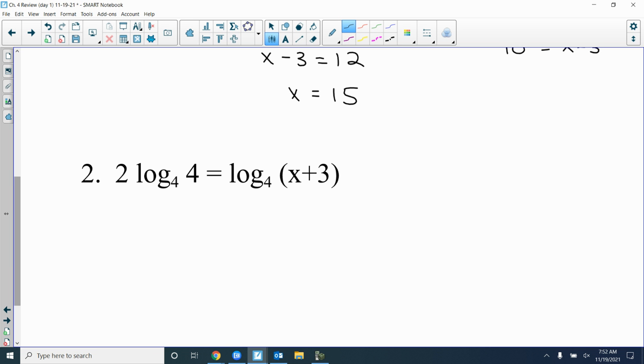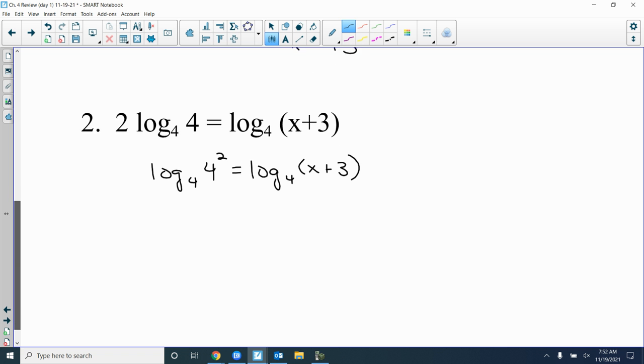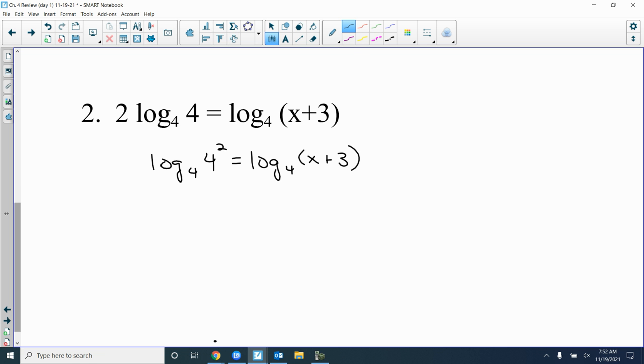It becomes an exponent, so it becomes the log base 4 of 4 squared equals the log base 4 of x plus 3. Now, 4 squared is 16. You can say 16 equals x plus 3. Subtract, I get x equals 13. Make sure we don't take the log of a negative number.